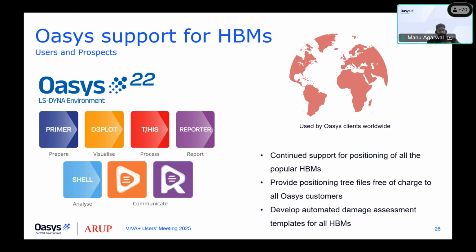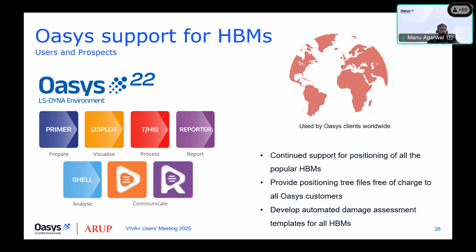So yeah, I guess we are towards the end of my talk today. In conclusion, we are making quite fast improvements and advancements in the pre and post processing of human body models. We do support all versions of the popular HBMs. Oasys Primer is used worldwide by lots of clients.